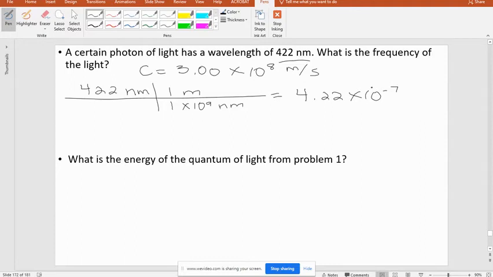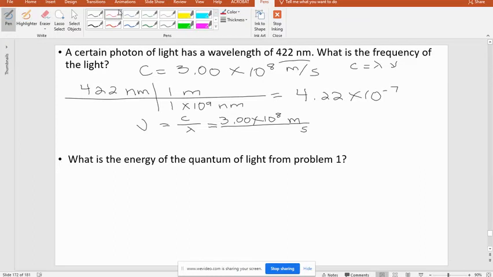So if I have this, remember c equals wavelength times frequency. So if I'm solving for frequency, I can do my frequency equals my speed of light over my wavelength. And then I just need to substitute in my values. So the speed of light is up here, and that's going to be meters per second.